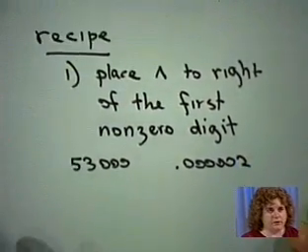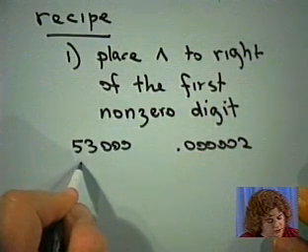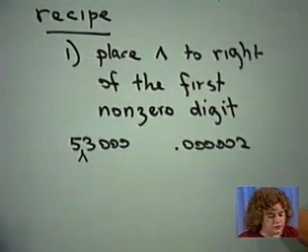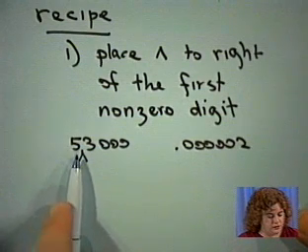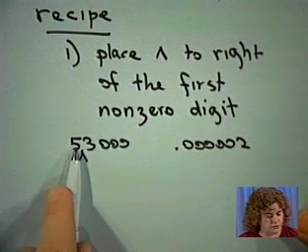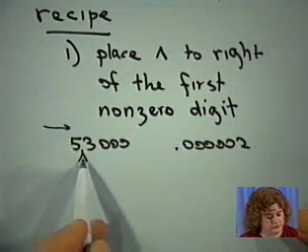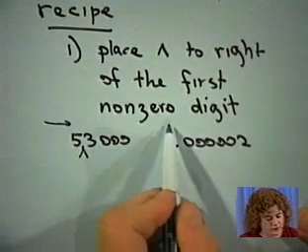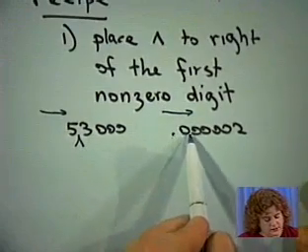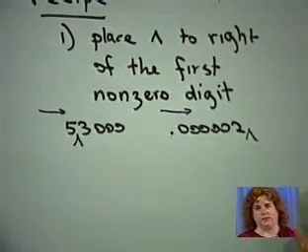And again, colored pencils or pens are helpful as a visual aid when you're doing your homework too. We would put a caret to the right of the first non-zero digit going from left to right. So the first non-zero digit we run into is a 5. Put a caret right next to it. On this number, traveling again from left to right, just as we read from left to right, zeros, nothing but zeros, 2. Put a caret right to the right of the 2.